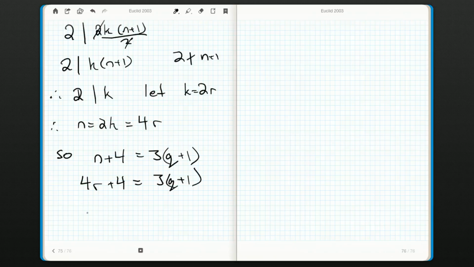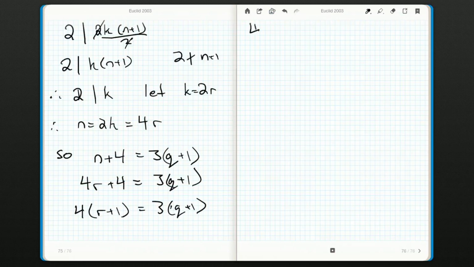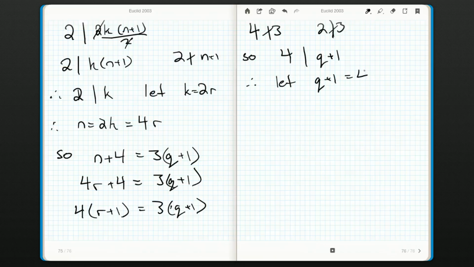And so 4 times (r plus 1) equals 3 times (q plus 1). Now 4 can't in any way divide 3. 2 doesn't even divide 3. So 4 must divide q plus 1. Therefore, let q plus 1 equal 4s.